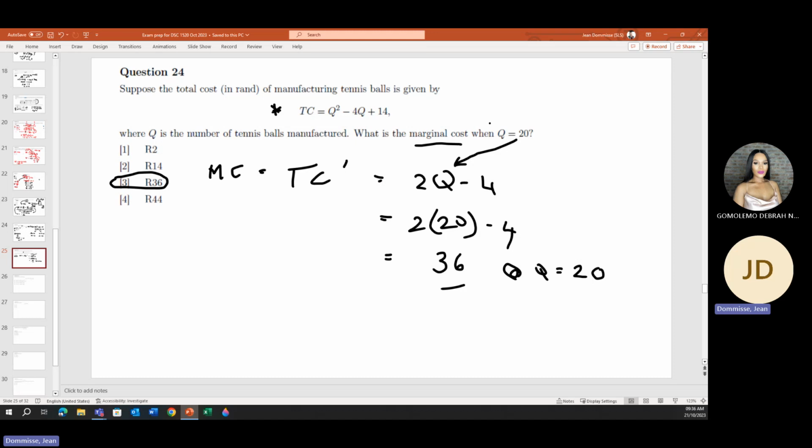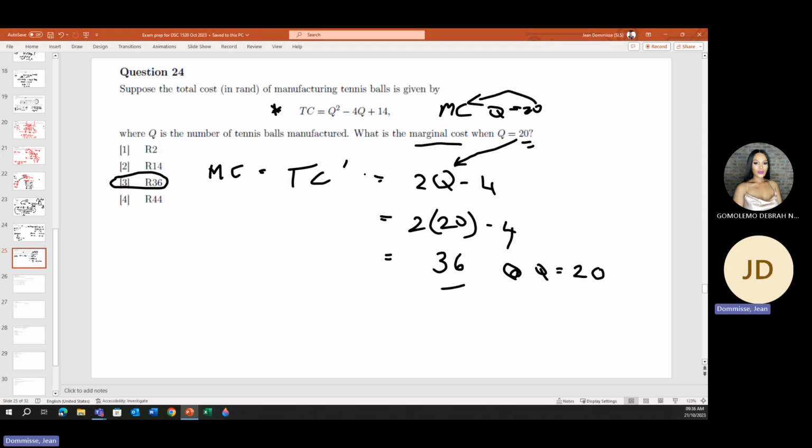We did not work out at how many units it will be equal to 0, because then they could have said this function is equal to 0 to work out Q. But in this instance, they ask us, here's your total cost, at a marginal cost where Q is 20, what is that marginal cost?